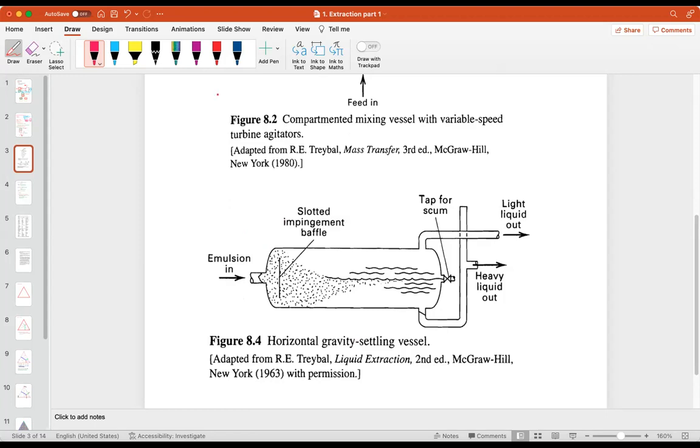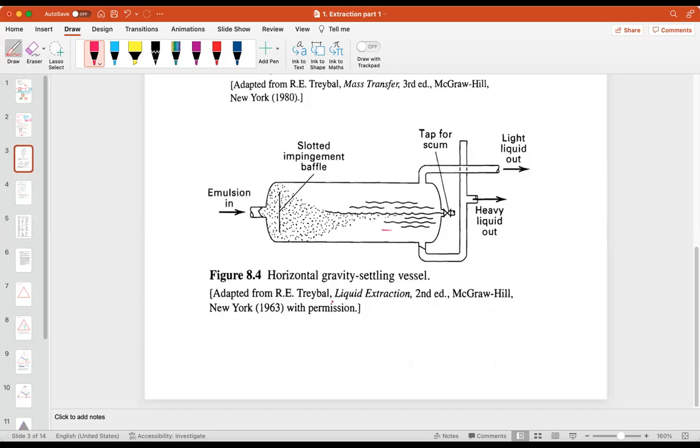Here we have the baffle, and the emulsion gradually settles based on density. The heavier liquid goes this way, and the lighter one is transferred this way. At the interface we also have a tap for the scum. This is the side view of the horizontal gravity settling vessel.